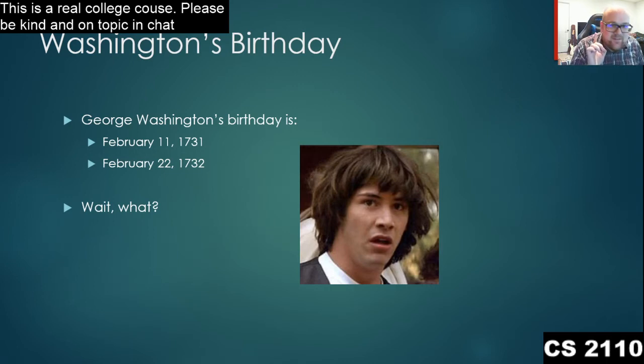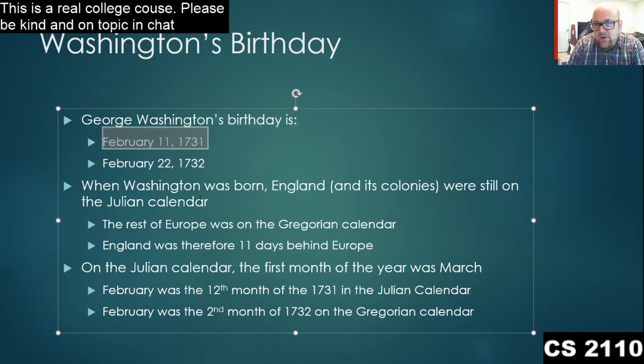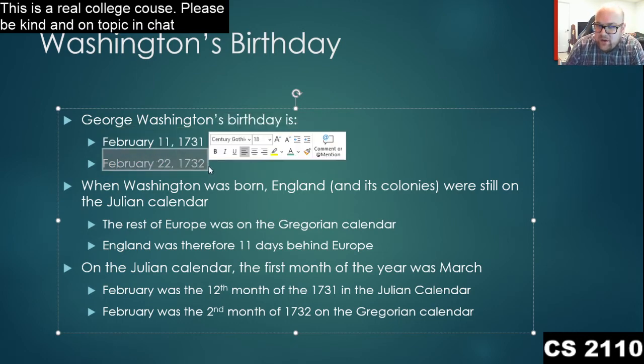It's because there were 2 different calendars at the time that were prevalent. On the Julian calendar, George Washington's birthday is February 11, 1731. On the Gregorian calendar, it is February 22nd, 1732.